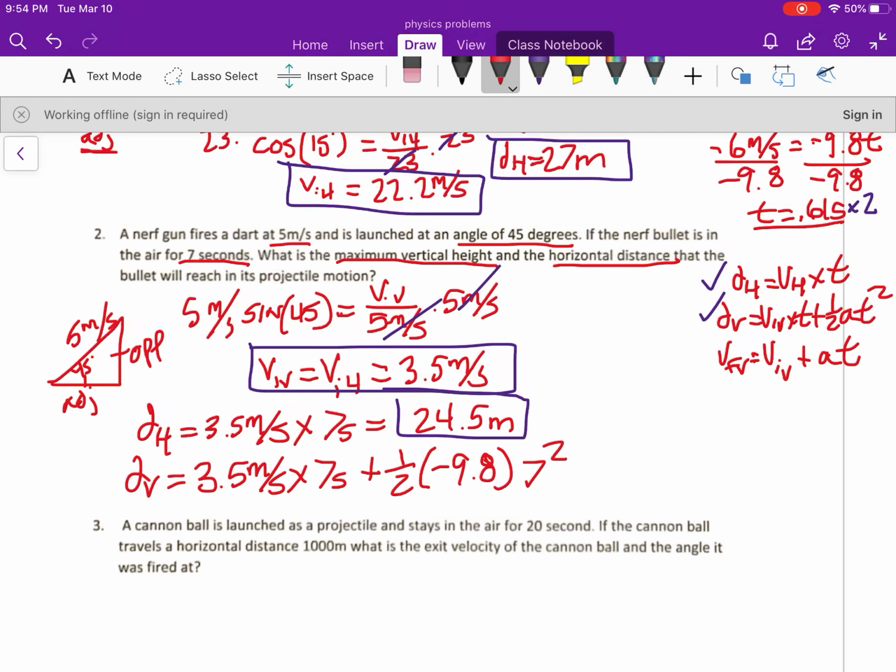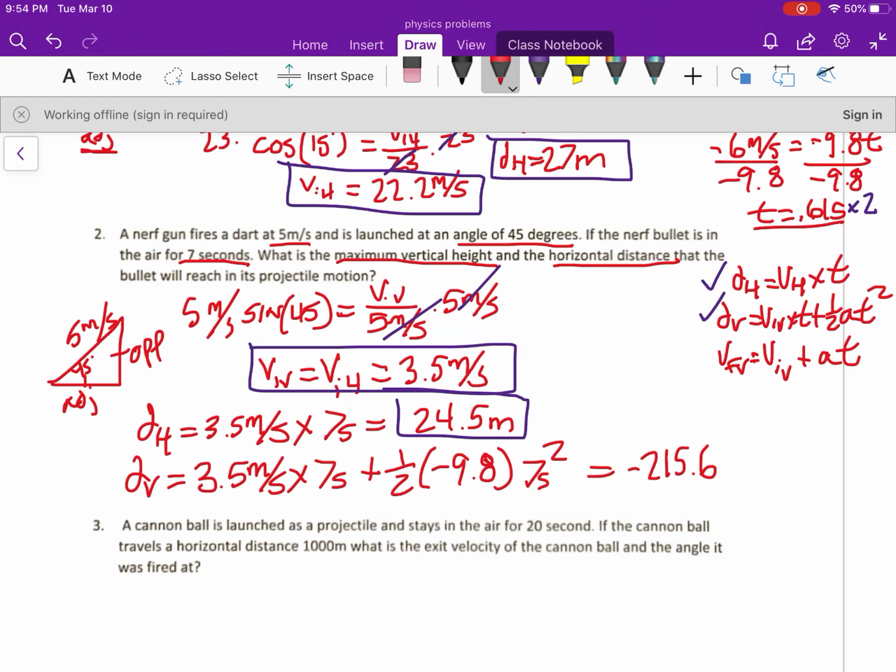Times 7 seconds squared. So when I do this, 7 squared should give me 49 times negative 9.8 times 0.5 plus 3.5 times 7 gets me negative 215.6. And again, you might be thinking, why is it negative?